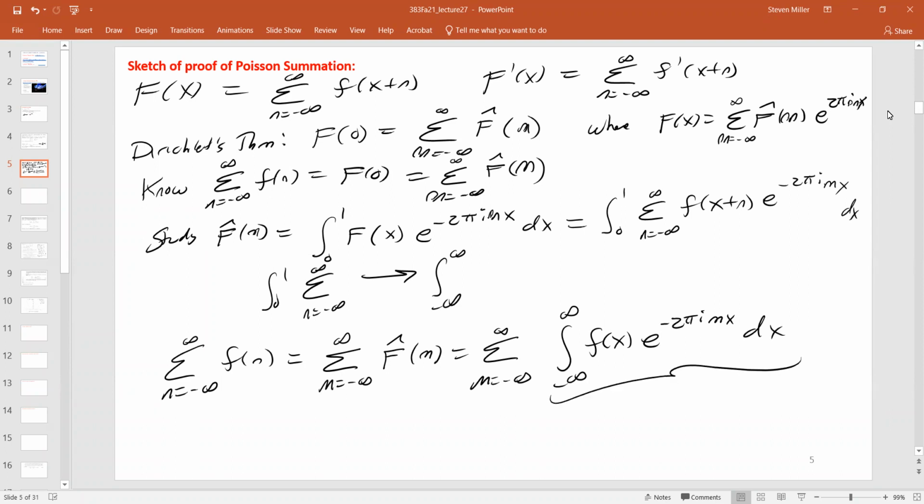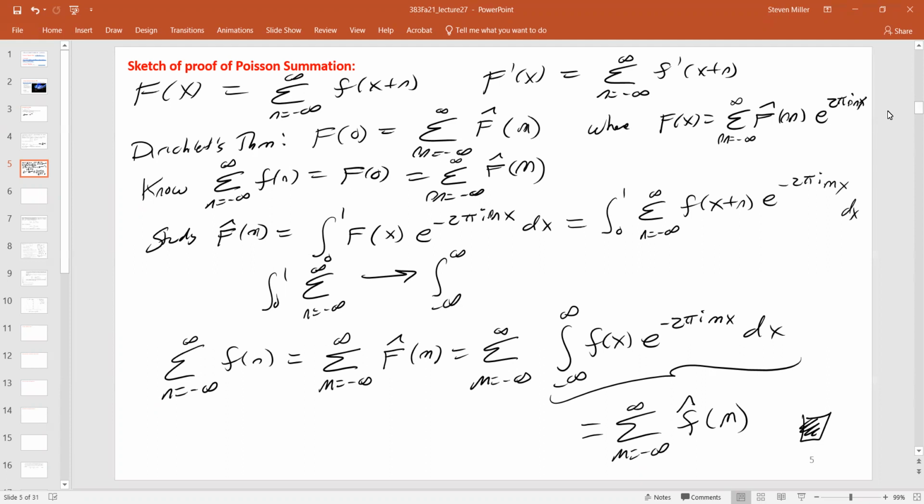But what does that equal? The Fourier transform evaluated at what point? It's the sum, m goes from minus infinity to infinity, of the Fourier transform of f evaluated at the point m. And that finishes the proof of Poisson summation.